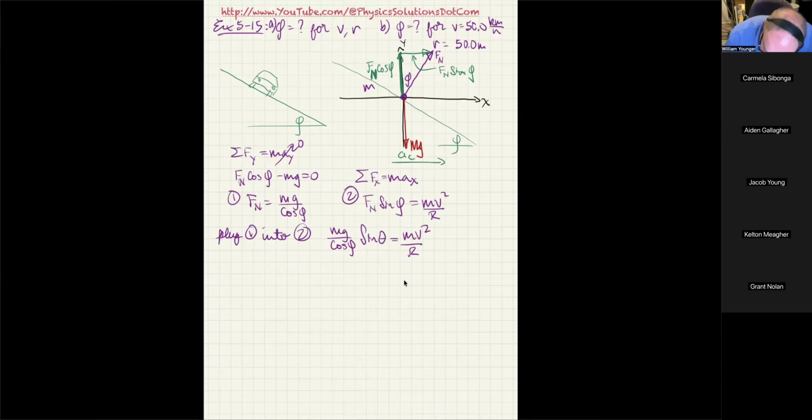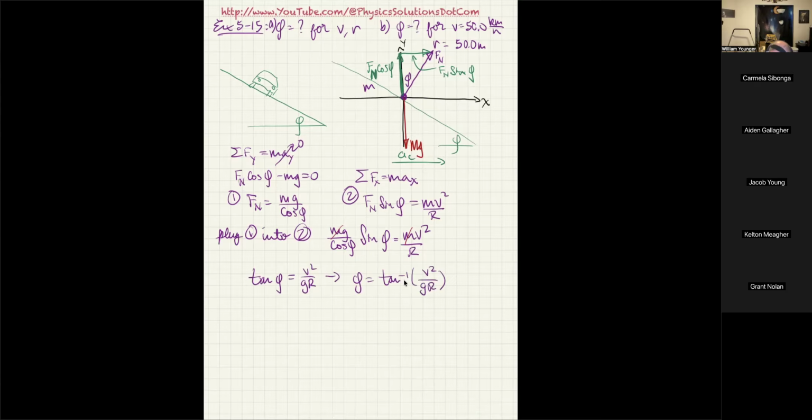You can see that the m's cancel out, and sine over cosine gives me tangent. So the tangent of phi is equal to v squared over gr, so that phi is equal to the tangent inverse of v squared over gr.